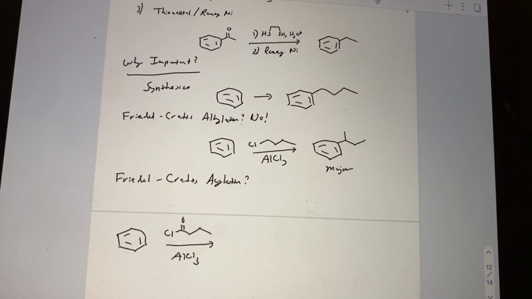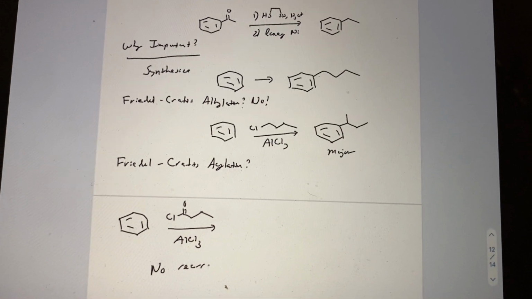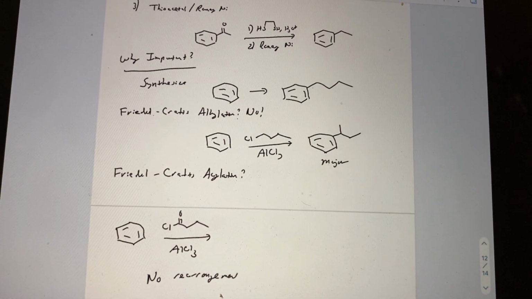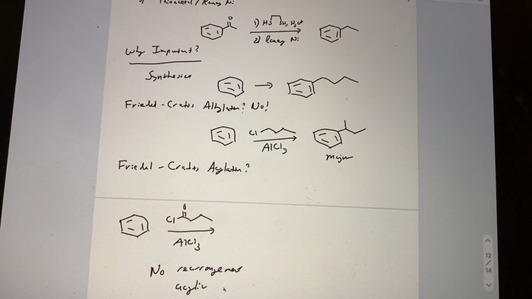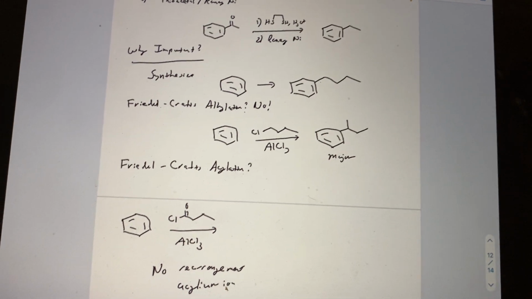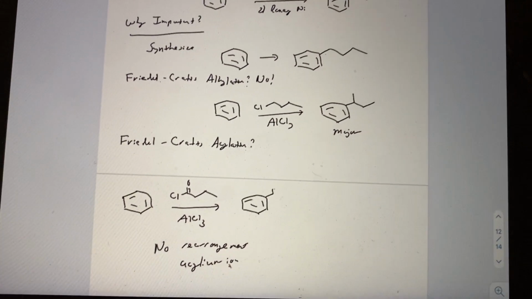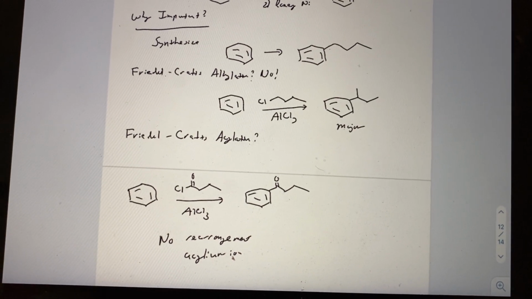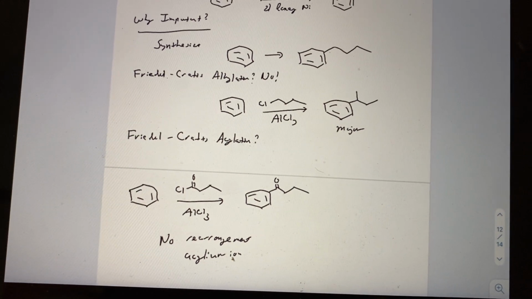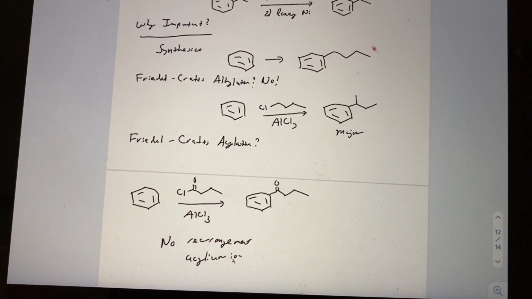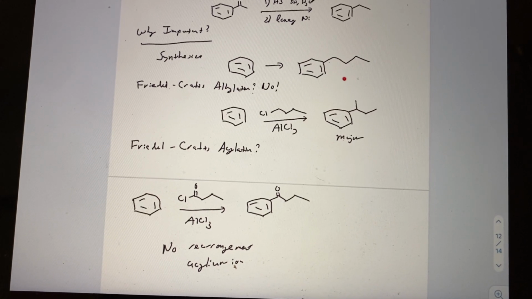And we know now in this reaction there's no rearrangement, because we form an acylium ion. So our product is going to be this. And now our overall goal was to make, going back to the middle of the page here, this simple butyl substitution.